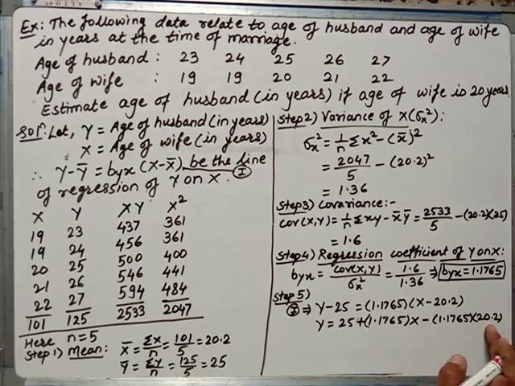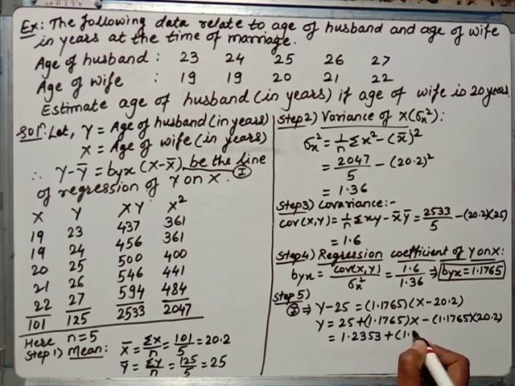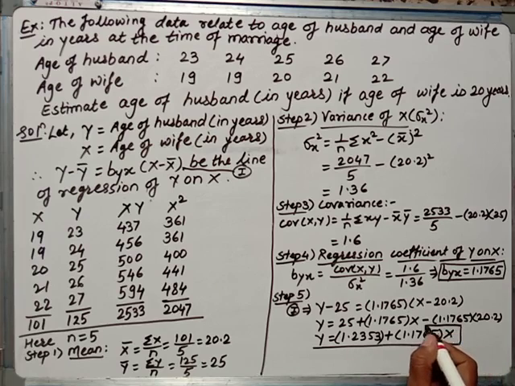Now this product we subtract from 25, so we get 1.2353 plus 1.1765 into x. Y is equal to this part. This is the line of regression of y on x.